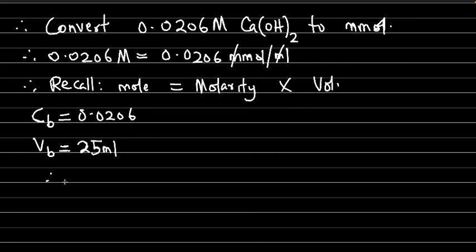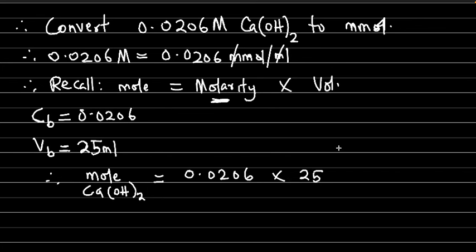So our mole of Ca(OH)2 equals the molarity of this guy, which is 0.0206, times the volume of this guy, 25. So 0.0206 times 25, and that will give us 0.515.